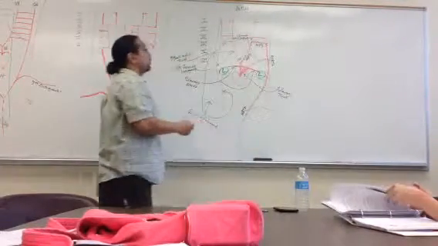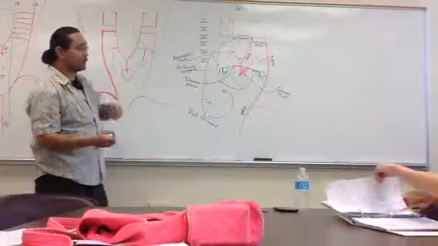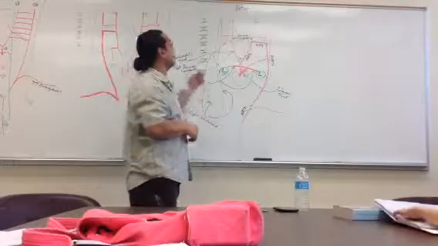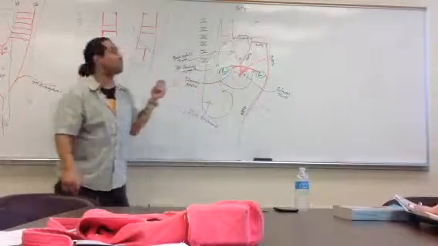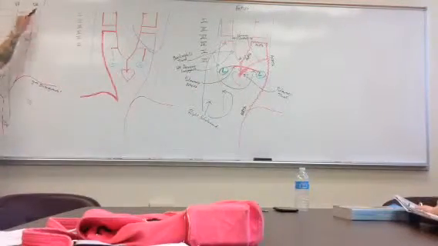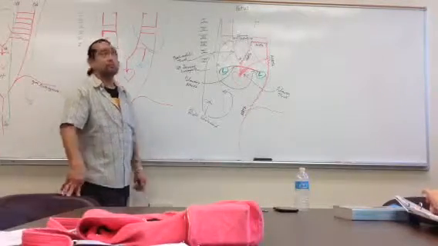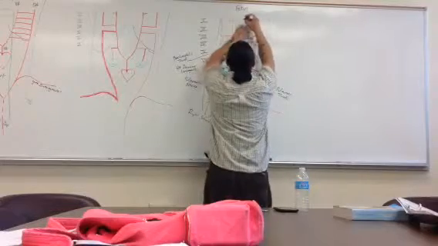Common carotid artery. What does the common carotid artery split into? The external and internal. So, when we look over here, ventral aorta, dorsal aorta, which one will become the external carotid? Ventral aorta. Ventral, so this is now external carotids.